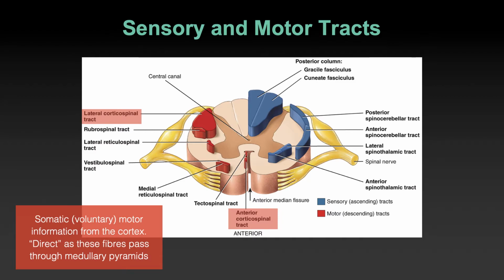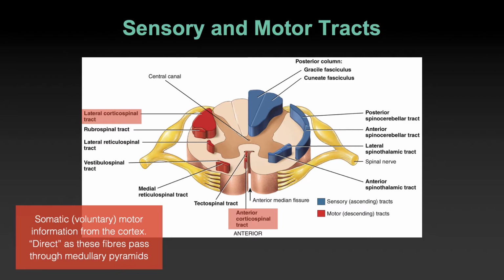And these two specifically are what we call direct. They are direct tracts. And all I mean when I say direct is that these motor tracts go through the pyramids of the medulla. Remember the pyramids? That's where the motor tracts crossed over, and why your right brain will activate structures on the left side of your body.